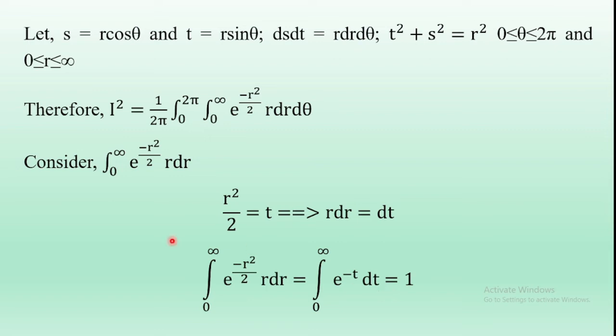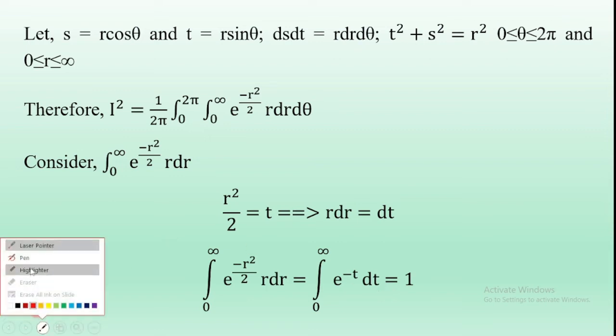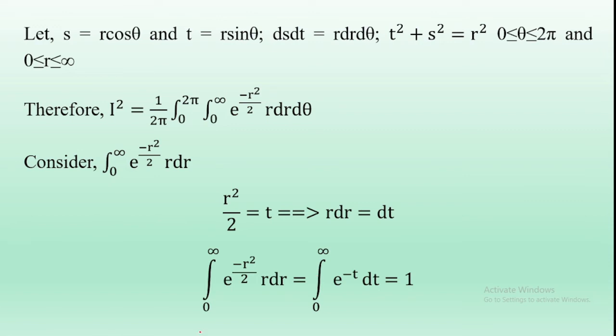So integrating e power minus t, the integration is e power minus t divided by minus 1 over 0 to infinity. Applying the upper and lower values of t, minus of (e power minus infinity minus e power minus 0).